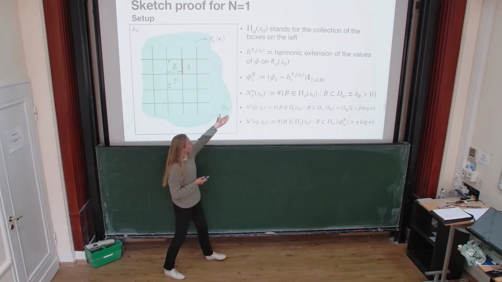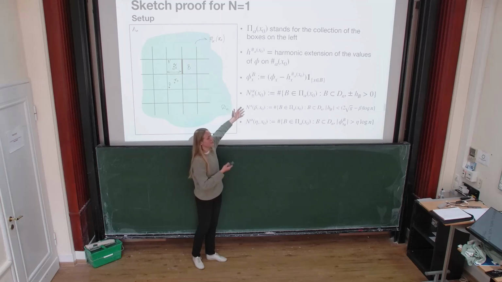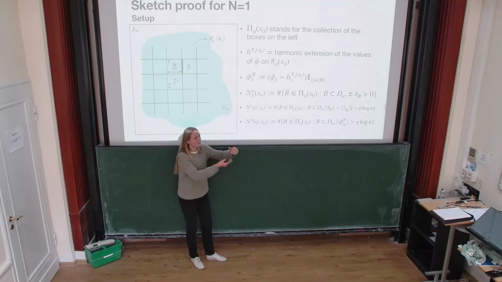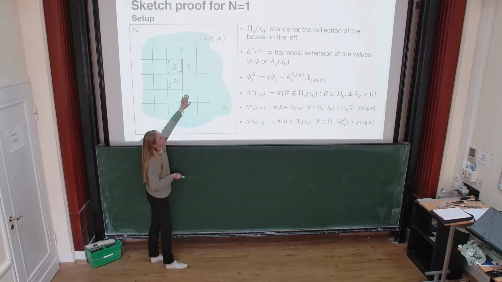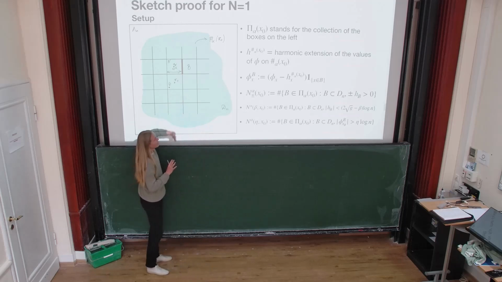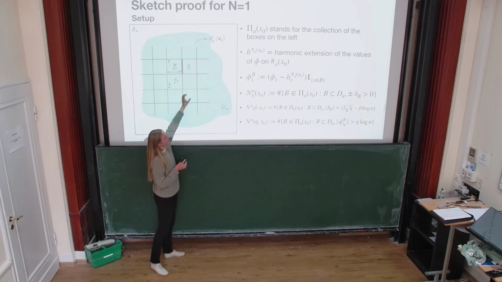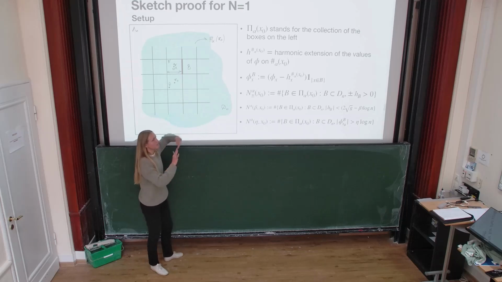So the natural thing would be to show that this number can't be large. Then the other thing is that we also have to get back to the original field, while here we're only looking at the centers. But the harmonic function around the center would be more or less constant.